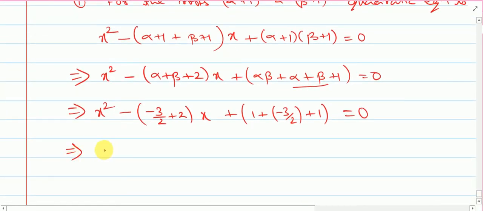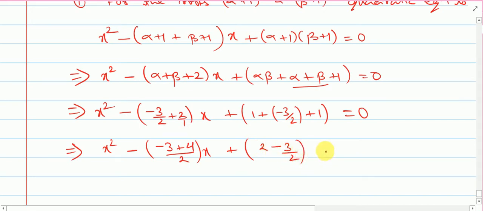So here 2 is there and here 1 is there, LCM will be 2. So you get minus 3 plus 4 upon 2, and here same thing, 1 plus 1 is 2. So 2 minus 3 by 2 equal to 0.